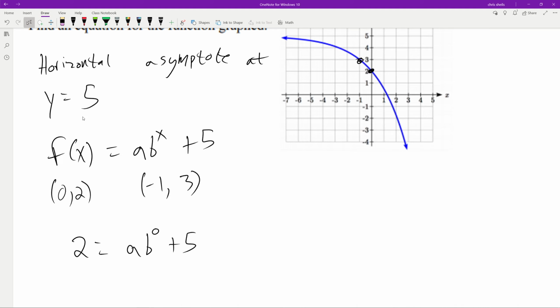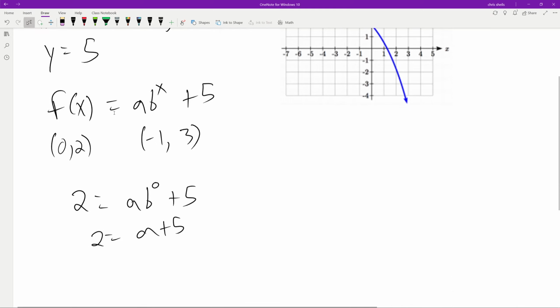B to the 0th is just 1, so 2 equals a plus 5. Subtracting 5 from both sides, I get that a is equal to -3. Then f of x equals -3 times b to the x plus 5.